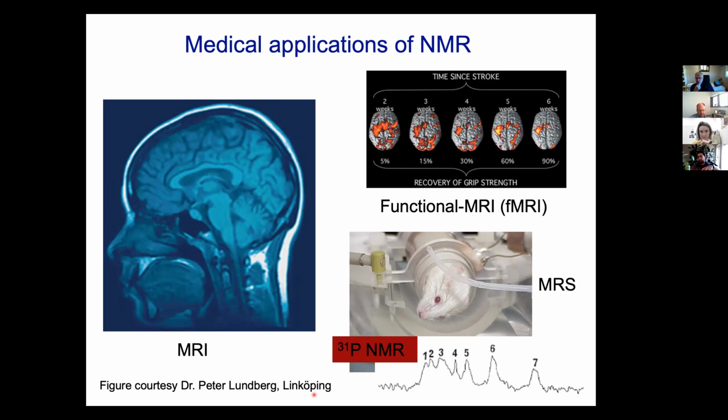And the nice thing about NMR is that it looks at nuclei, and the most abundant compound in our body is actually water. And water is H2O. And hydrogen actually has fantastic NMR properties, as we will discuss. And so these guys are only looking at water. Now, of course, there is not much water in your skull, in your bone.